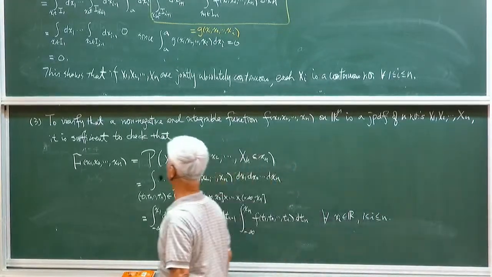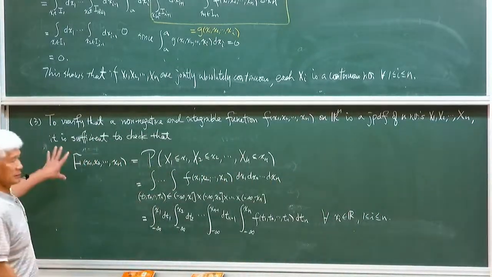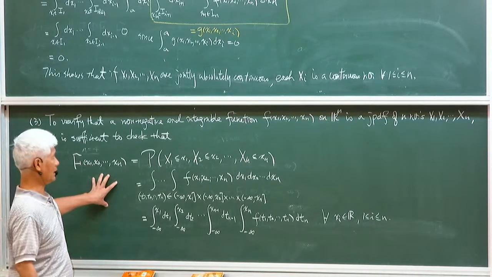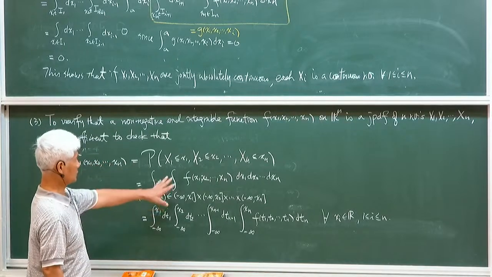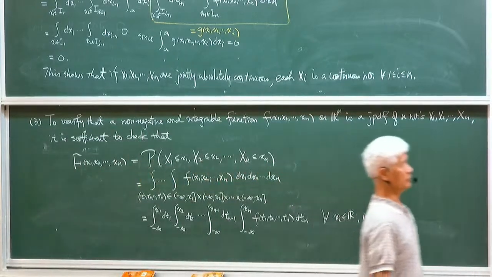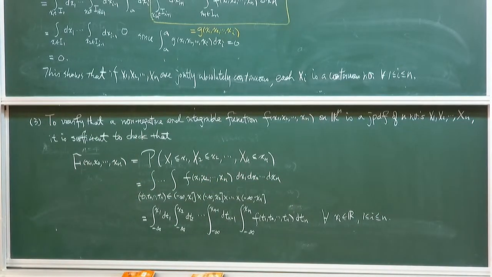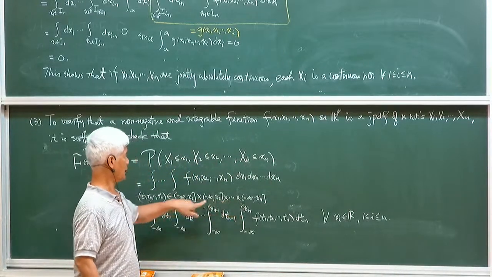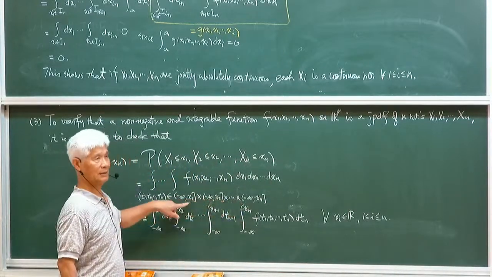So this is a sufficient condition. Of course, it's necessary by definition. But checking the identity for special types of n-cells will be enough. So this is our special type of n-cells here.